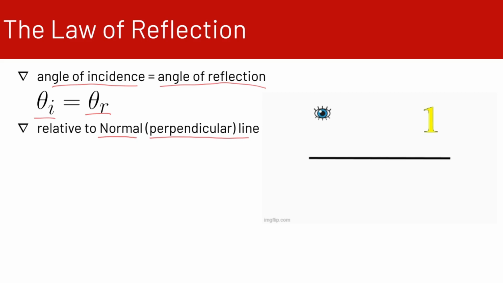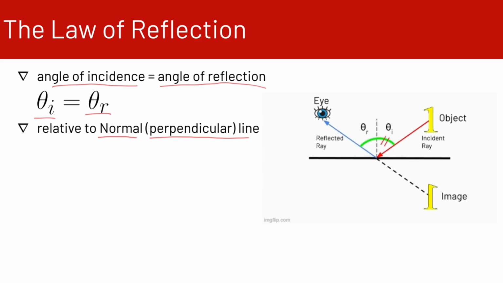Let's look at this little animation here. Here we have the object and the image. The incident ray reflects off of the mirror and hits your eye, and that creates a place for the image to show up. A straight line from the reflected ray determines where the image is placed.